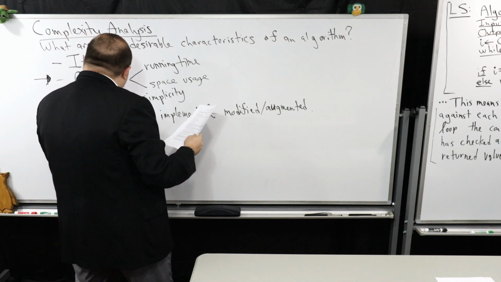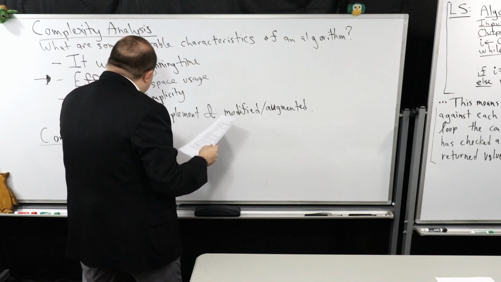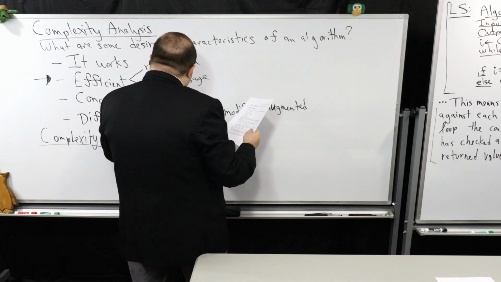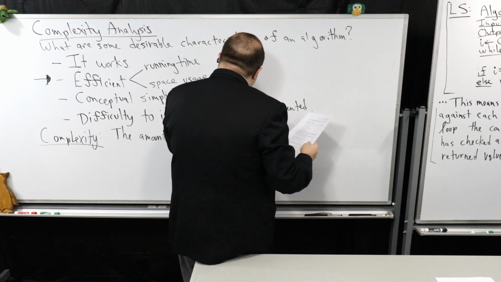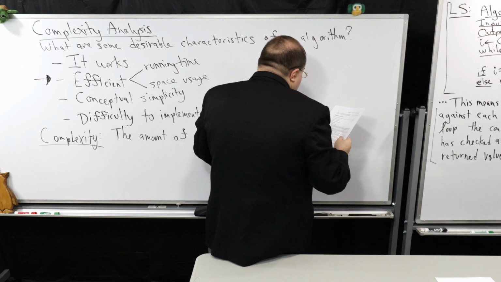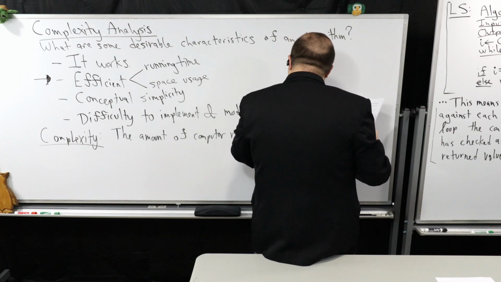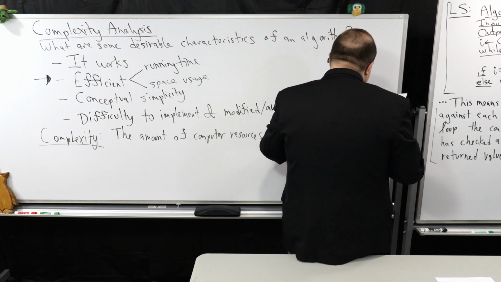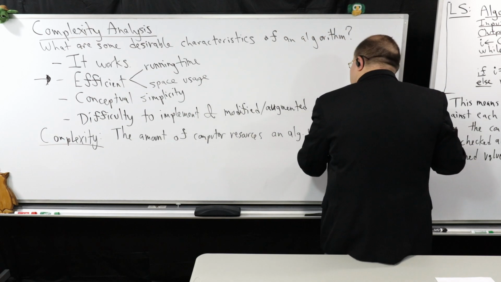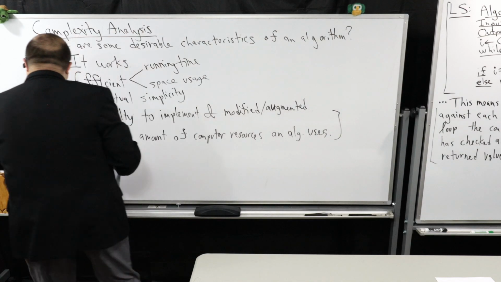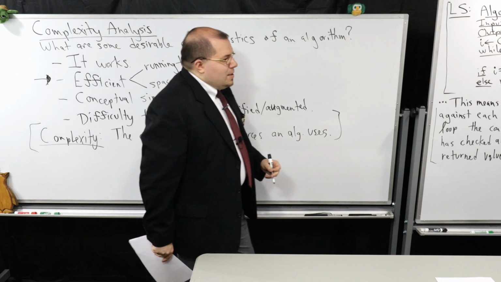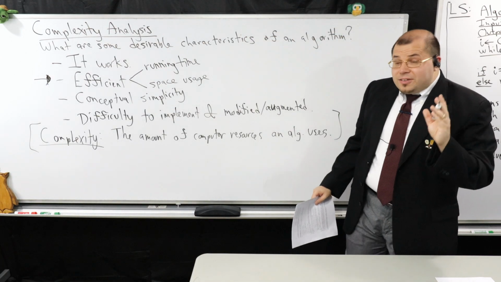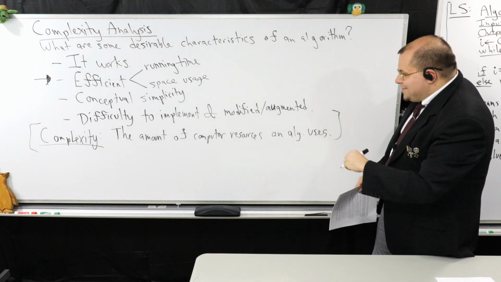It's simply the amount of computer resources an algorithm uses. I'm keeping it nice and simple for everybody because I think this is rather intuitive. So we're going to be concerned at this point about complexity.